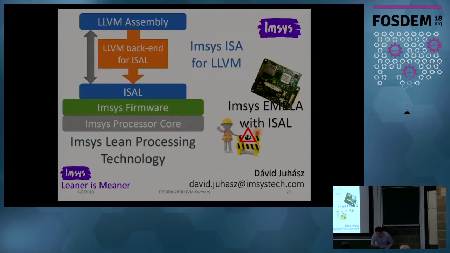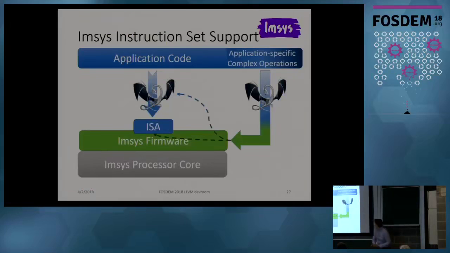Maybe I can answer this question by showing another slide. Right now we develop the microcode by hand, and the ISA-L microcode is not released yet in any way, not as binary, not as source code.